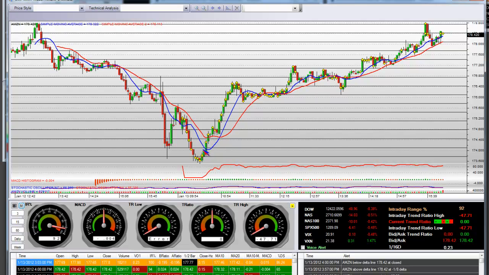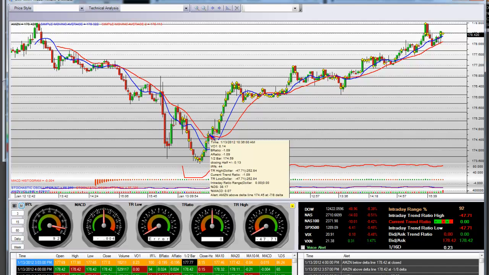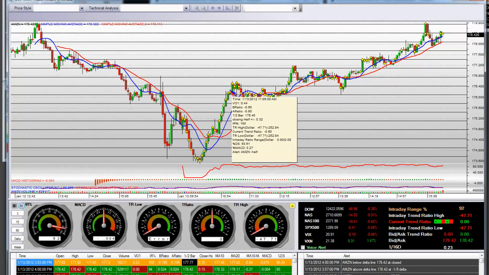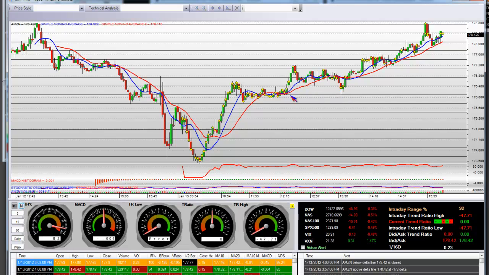In the Amazon chart, these two peaks were at the same teeny line, and that teeny line is defined by yesterday's intraday range, right? High and low, and the teeny lines are up and above them or below them, and they have a monetary value to them.